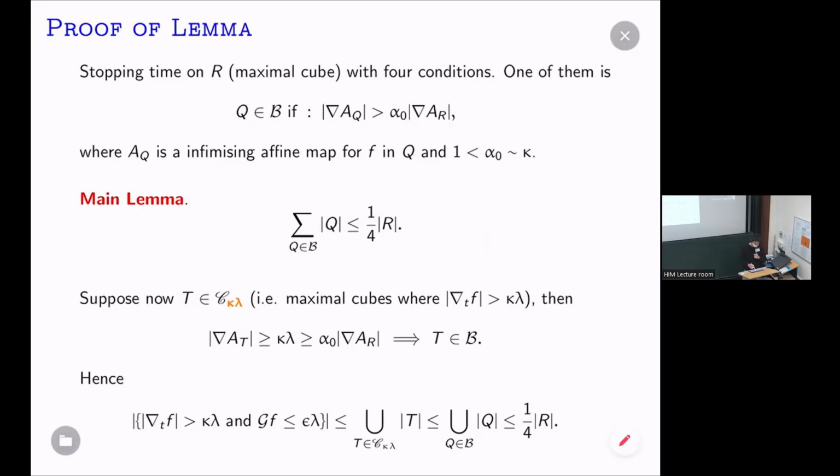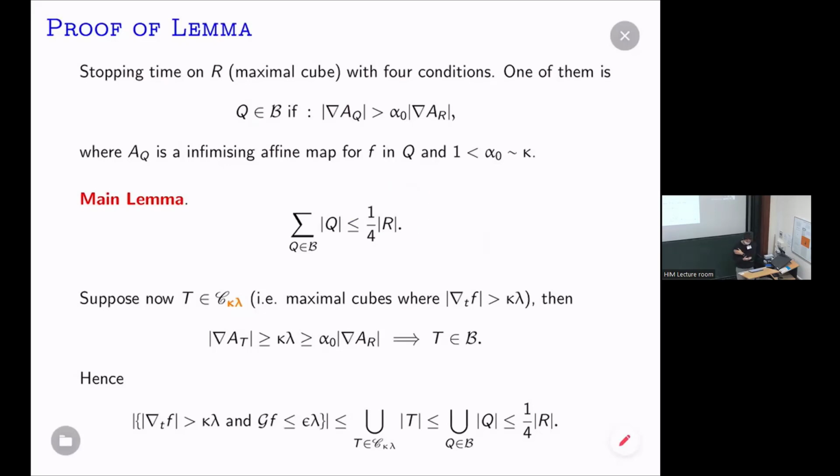Now alpha naught is some constant that's close to K. Then the main effort in the whole paper is to prove this packing condition for this bad family, which I won't go into the proof of.